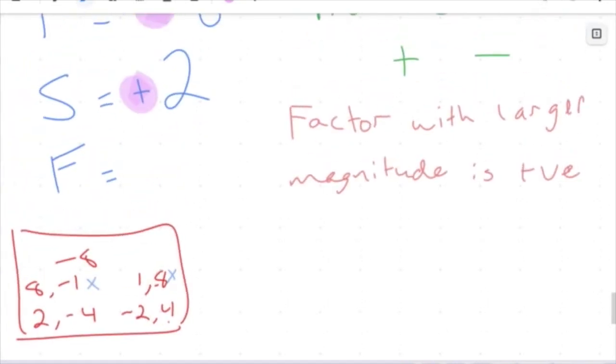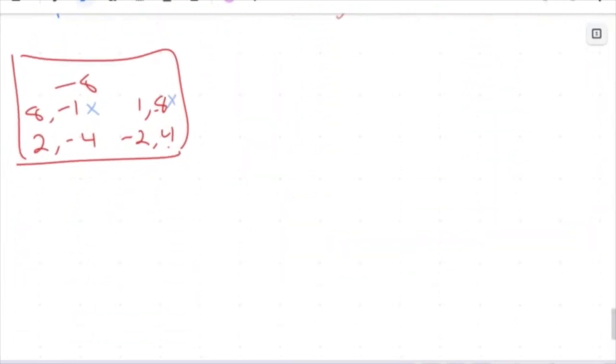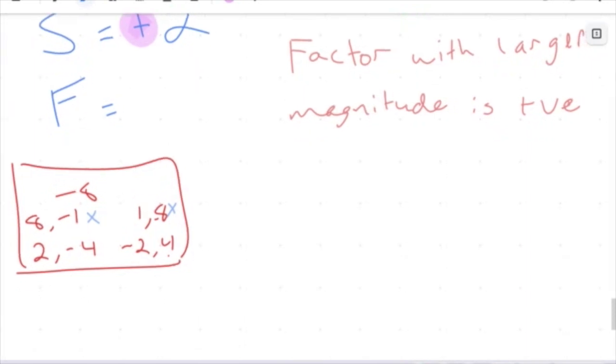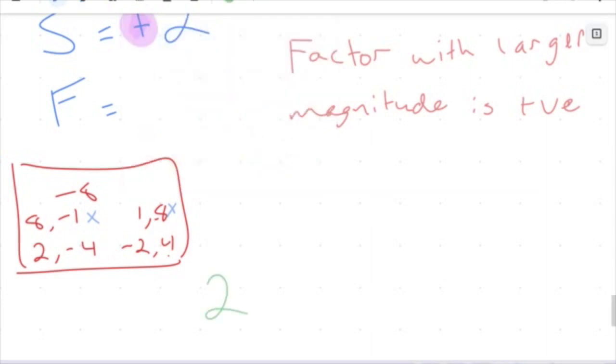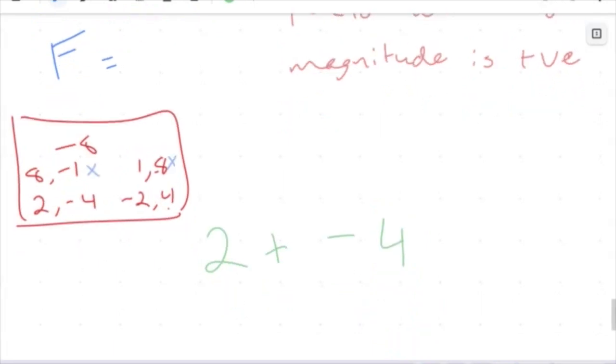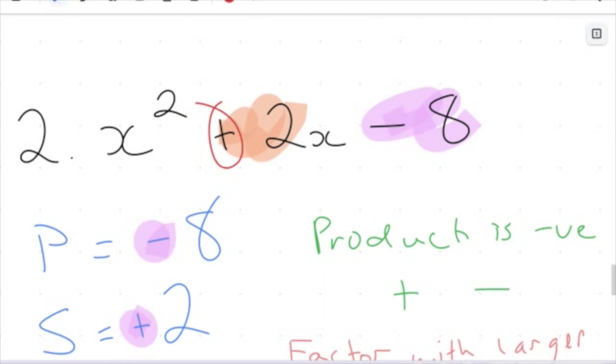Now, this is where this hint comes in handy. The factor with the larger magnitude, so the 4 instead of the 2, is going to be positive. So this one here. Why is that important? Because if I took 2 and added negative 4, where the number with the bigger magnitude, 4, is the negative one, that's going to give me negative 2, which is not what I want, because I want a positive 2.